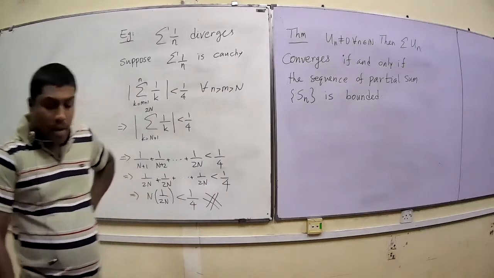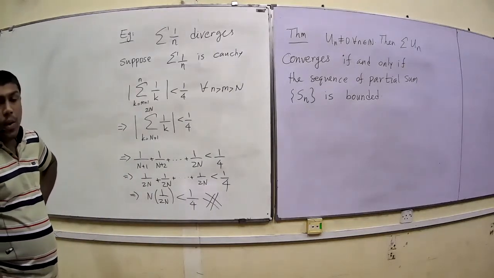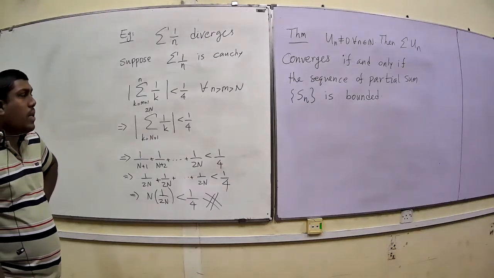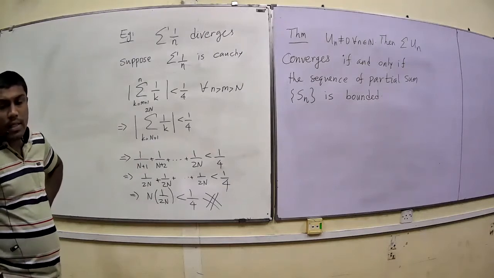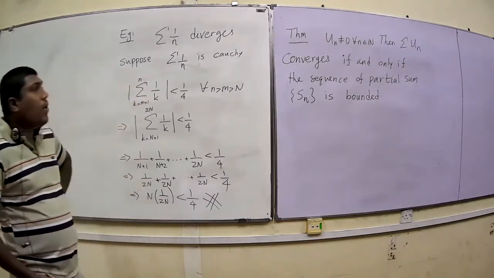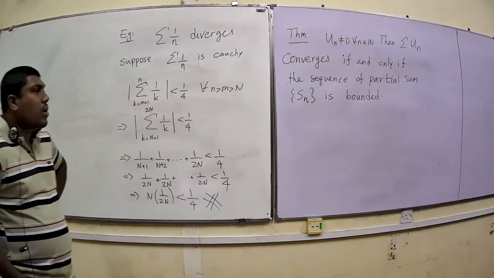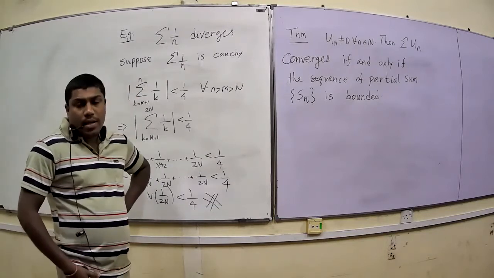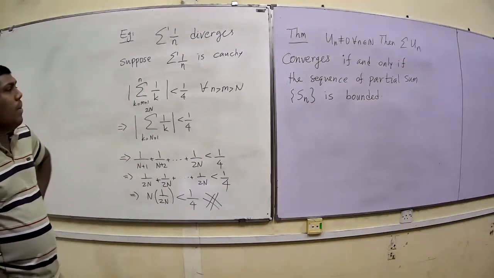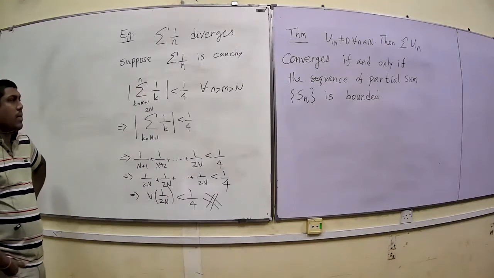Okay, so what you have is, in sequences, you know that if the sequence is monotone, then it is convergent if and only if it is bounded, right? So we see that in sequences. Here we are going to do that with a series. If it is a series, then the sequence is basically the partial sums. So if the sequence of partial sums is bounded, then the series is convergent.